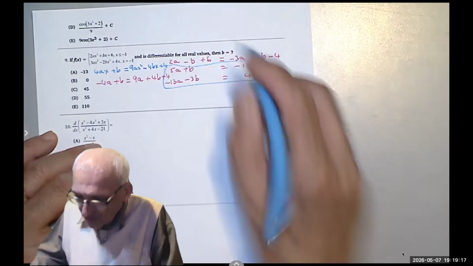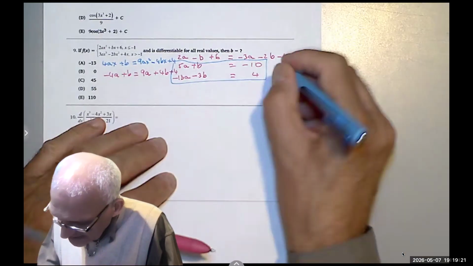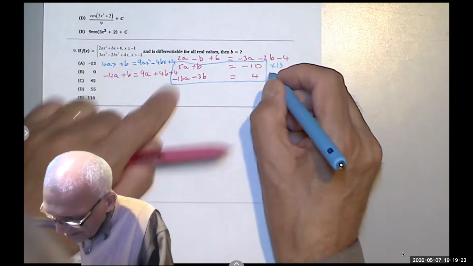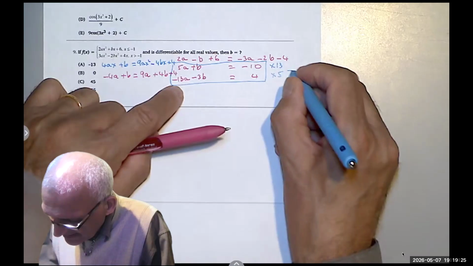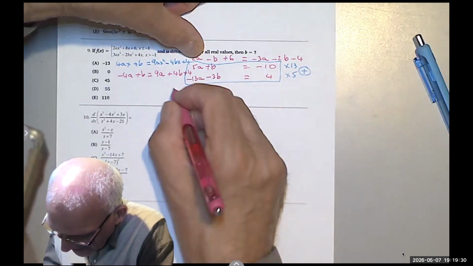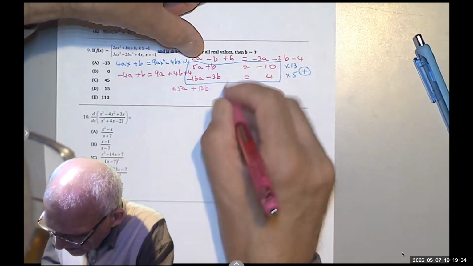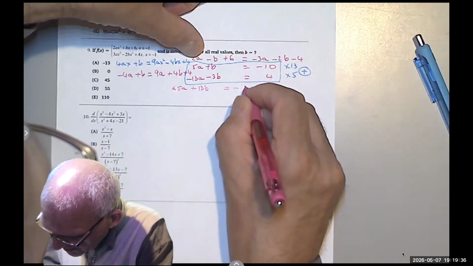But I want b, so I'm going to multiply the top by 13 and the bottom by 5 and then add them up. So when I multiply this by 13, I get 65a plus 13b equals negative 130.